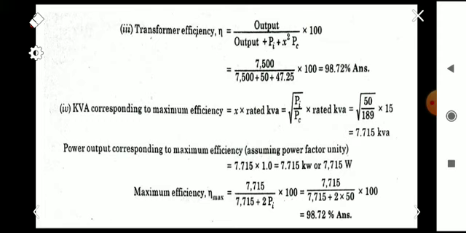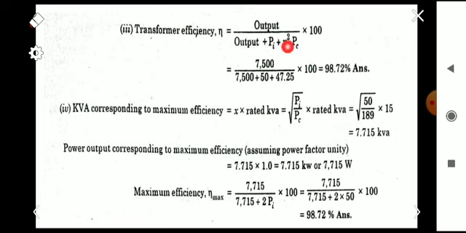Iron loss is 50 watt, so the losses can be written as 2 Pi, iron loss plus copper loss. Output by output plus Pi plus PC, that is iron loss plus copper loss, and these two will be equal at the case of maximum efficiency.